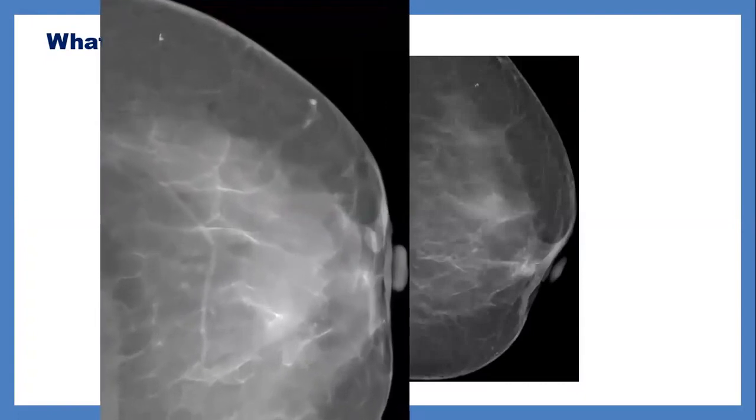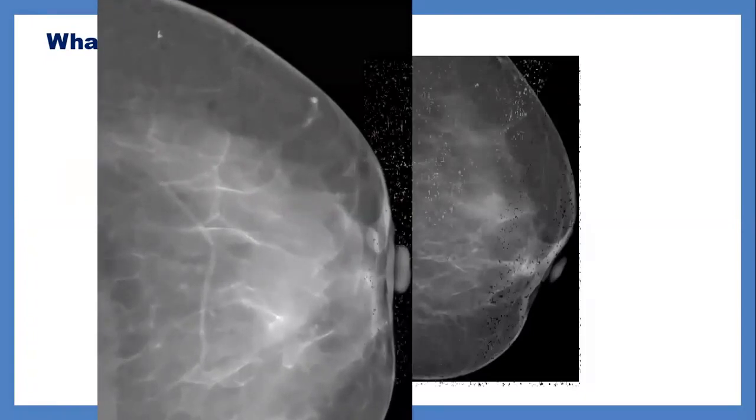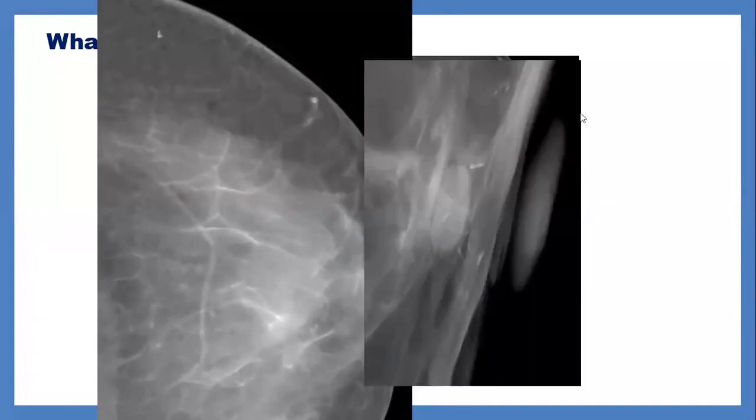It is sharply demarcated. Not only that, there is lucency surrounding, and some lucency seen along the mass, and it is abutting the areolar skin.